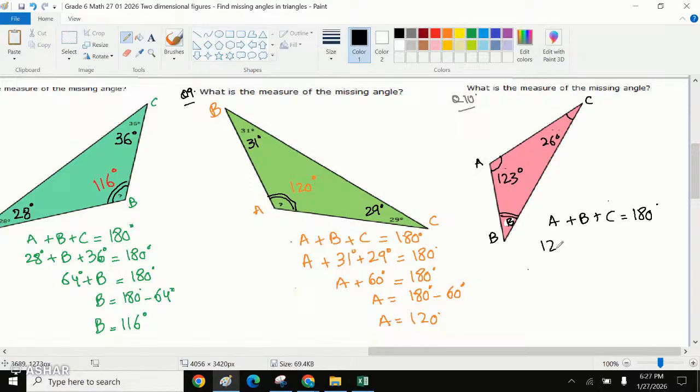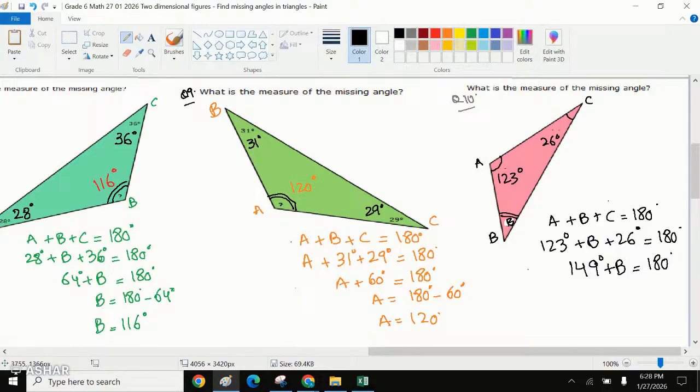A was 123, B is unknown, plus C, that is 26, is equal to 180. 123 plus 26 would be 149. 123 plus 26, right? 149.